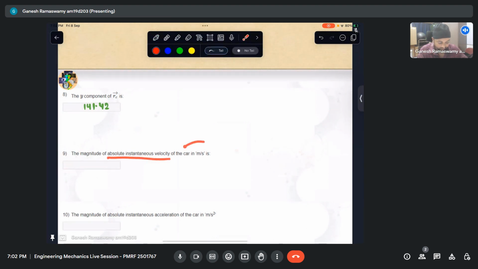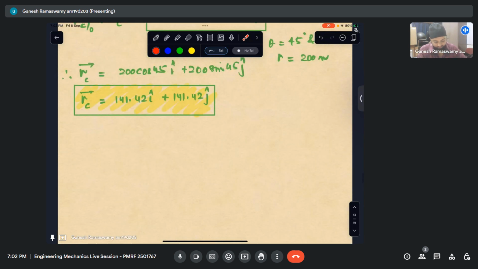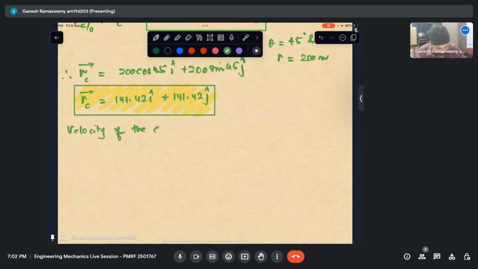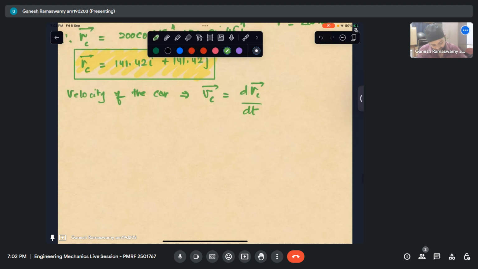Now it is asked, the magnitude of the absolute instantaneous velocity of the car in meters per second. Okay. Now if this is the position vector of the car, then velocity of the car, which is Vc, is nothing but d rc by dt. Time rate of change of the position is nothing but velocity of the car. What is rc?